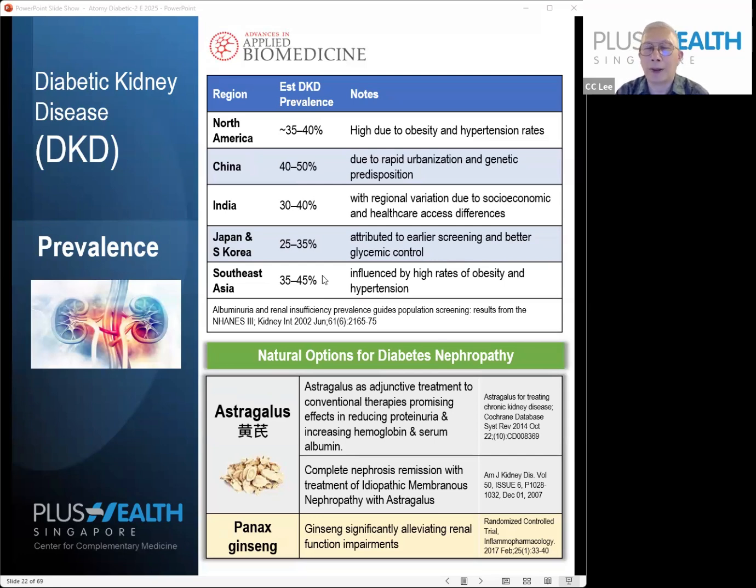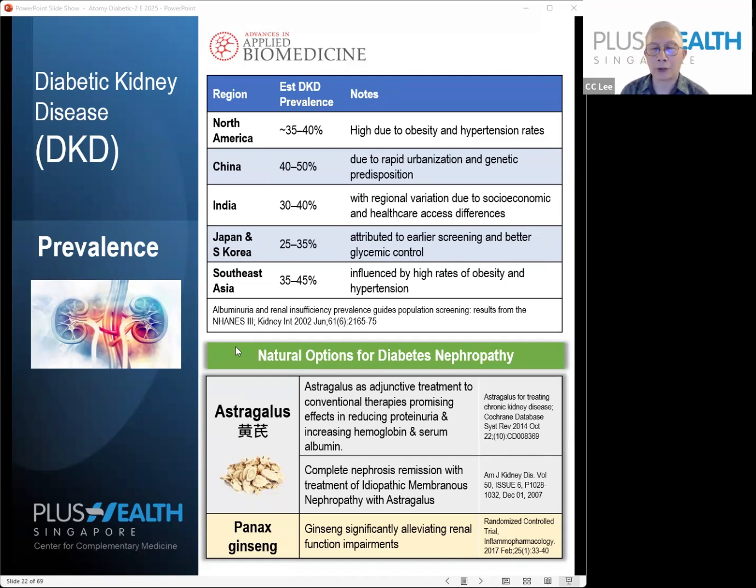And Malaysia and Singapore's high prevalence rates are basically influenced by the high rates of obesity and hypertension. All right. So now Japan and South Korea are faring better, primarily because they have earlier screening and better glycemic control, meaning the healthcare system is much more efficient in terms of diabetic management itself.